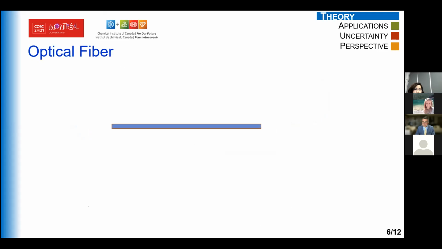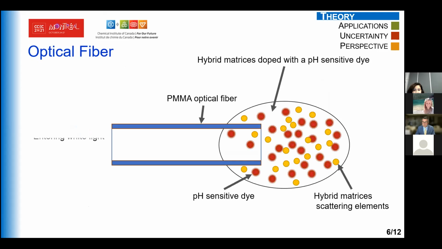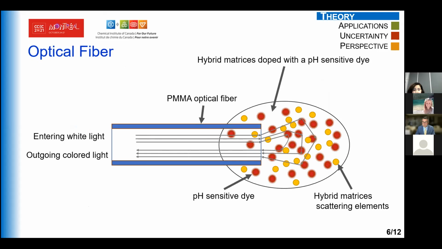Next, we have optical fiber probes, which make possible remote sensing of pH, and can also be used for small volumes of samples. Here, the principle is that light is passed through a light guide, and then it interacts with pH-sensitive dyes, and the pH-sensitive dyes alter the intensity of the light that goes out to the detector, and pH is measured.